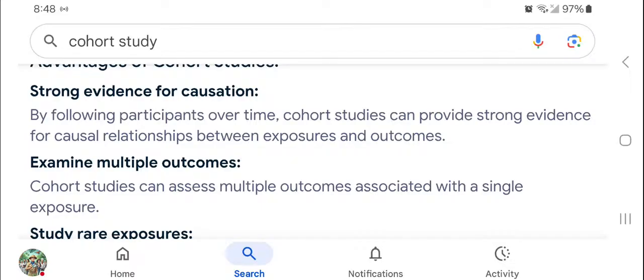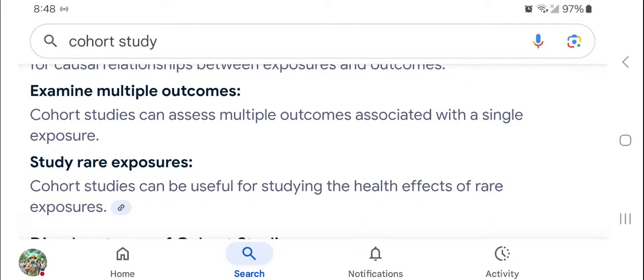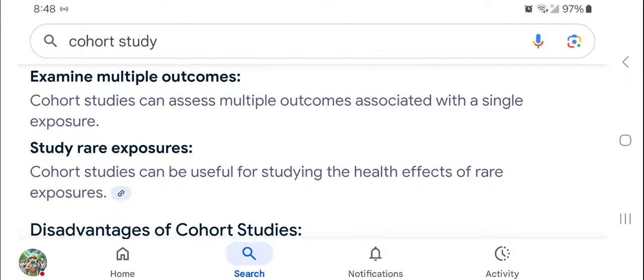Examine multiple outcomes: cohort studies can assess multiple outcomes associated with a single exposure. Study rare exposures: cohort studies can be useful for studying the health effects of rare exposures. For example, in one area they suddenly build a factory, and it releases some kind of toxic substance to the local people living there.